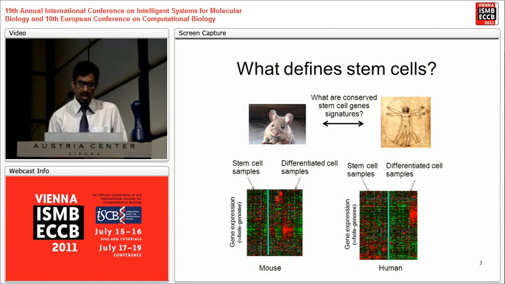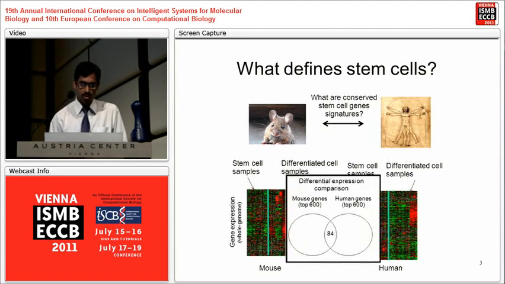We started with a naive approach of comparing the top differentially expressed genes in both organisms, and we found something around 15% overlap. So the overlapping genes are interesting, but we were looking at pathways or modules which are active in both the species. We were looking at a much higher level network structure. Also, we were looking at genes which were not necessarily differentially expressed, but they connected important genes for stem cells.